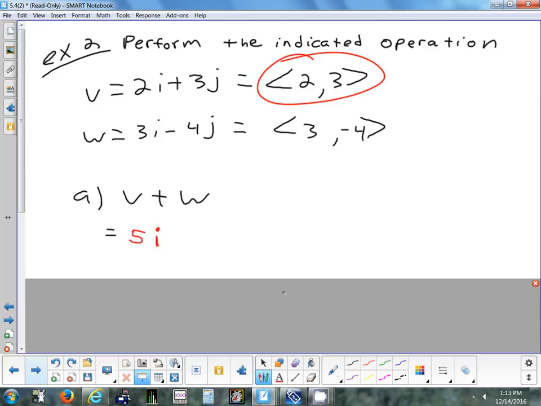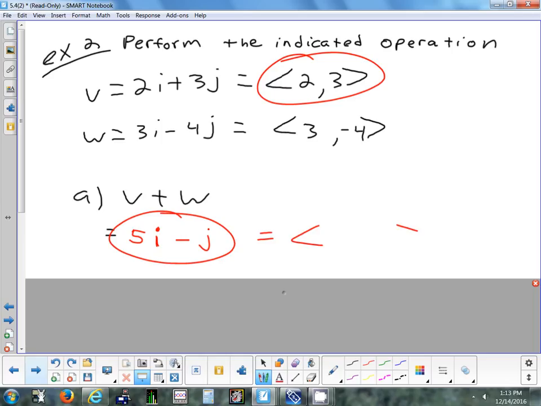So you get 5I. And what about if you add the J components? How much? -1. Yeah, you get -1. 3 plus -4. And you can put -1J, or what could you just write? Just -J. Yeah. So if you add those vectors together, that's what you get. 5I minus J.